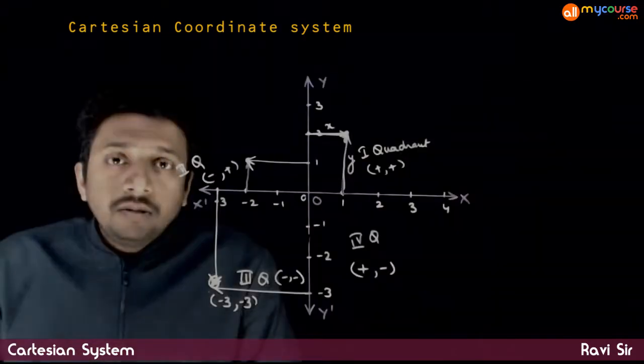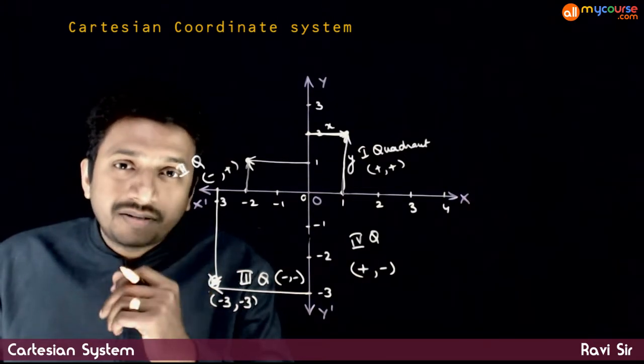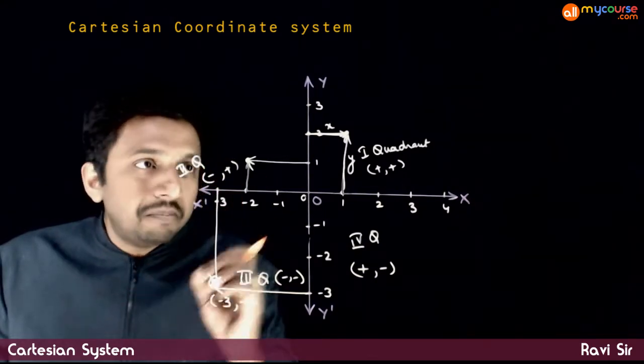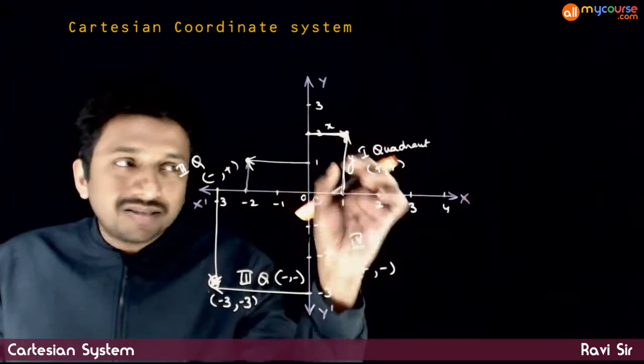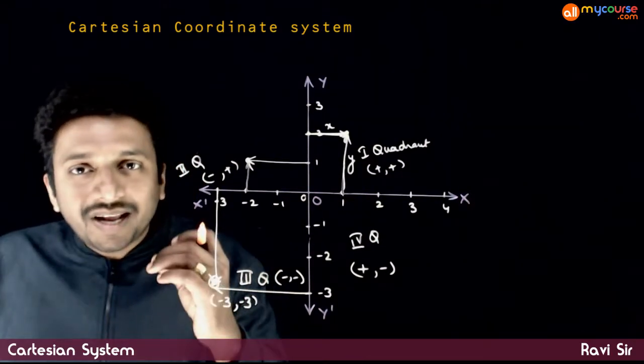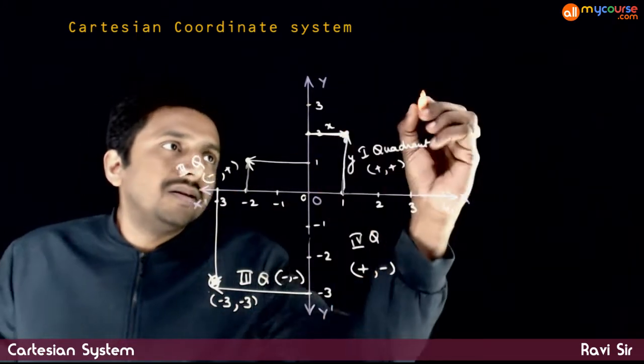Coordinate geometry is a branch of mathematics which studies different curves by representing the points by the ordered pairs x, y. This ordered pair x, y is also called Cartesian coordinates.